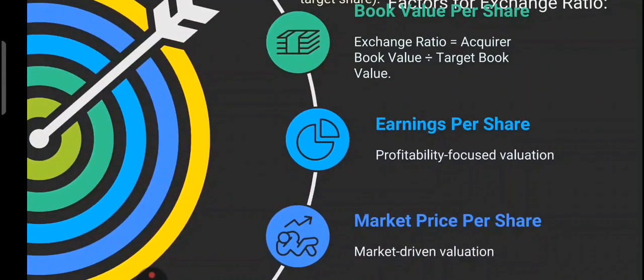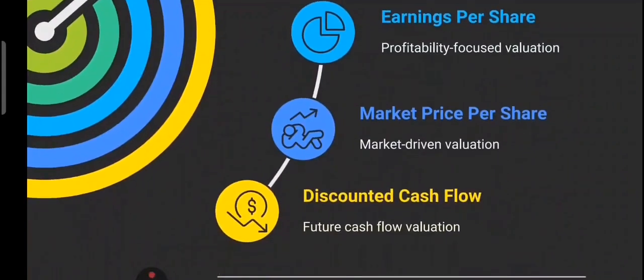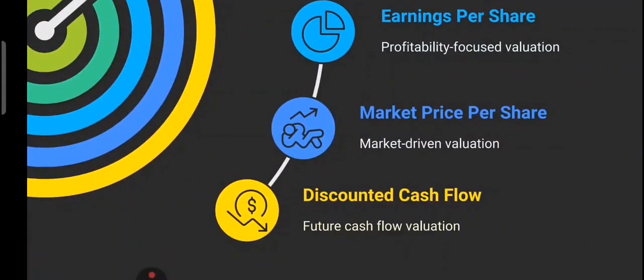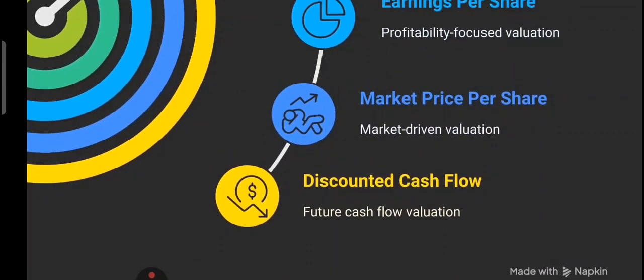ratio. Next, earning per share. This focuses on profitability. Higher earning per share typically demands a better exchange offer. Then we have market price per share, right? It is a real time market driven metric reflecting investor sentiment and share performance. And then we have discounted cash flow, called the DCF method.